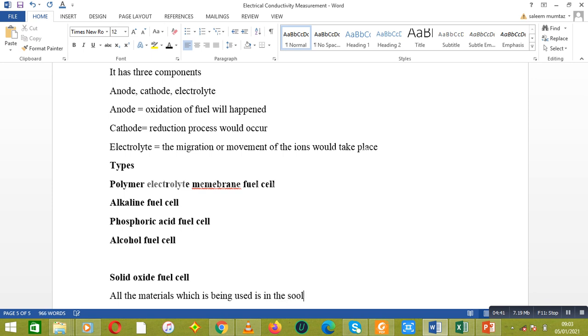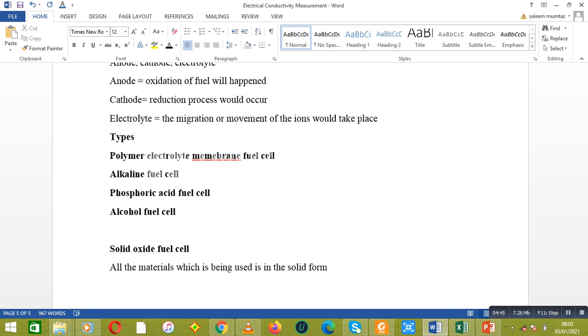So today we see how we can measure the performance of a solid oxide fuel cell.